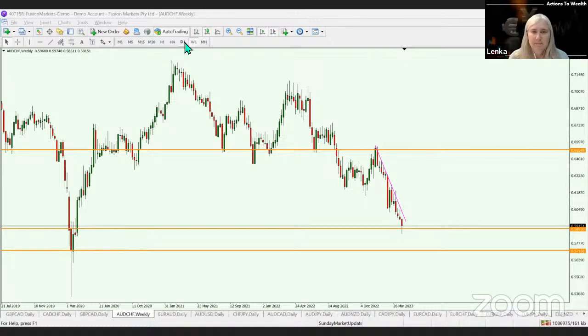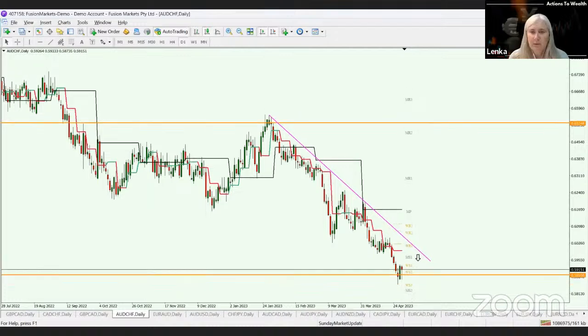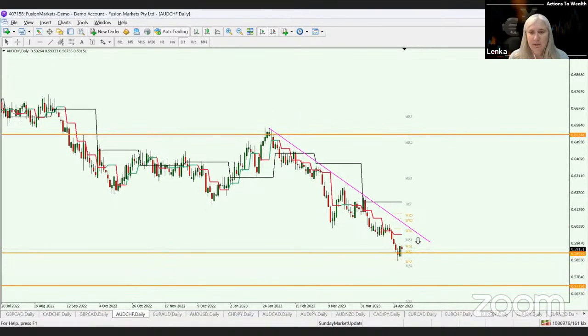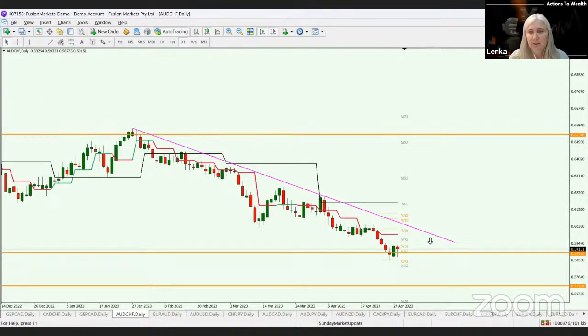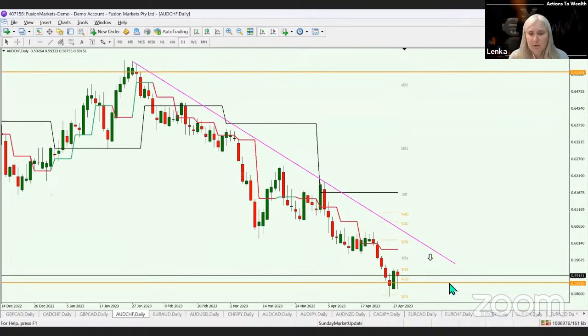On the daily, we are at this point here. So we have the downtrend for the daily. I have to move this because I can't see the rest of my chart. Okay, so looking for a pullback.